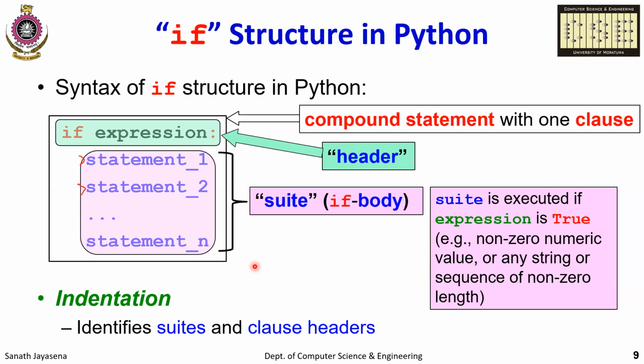Unlike in other programming languages like C or Java, if you want to have a number of statements inside an if clause, you have an opening curly brace here, and at the end you have a closing curly brace like this.